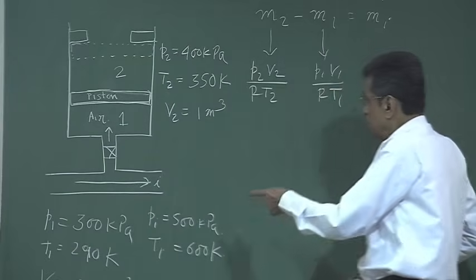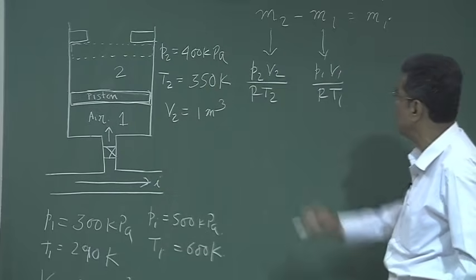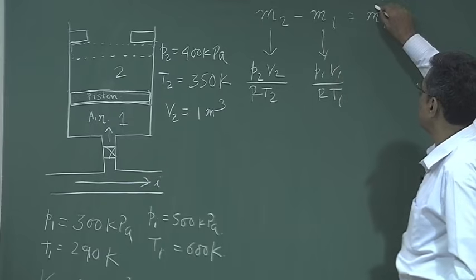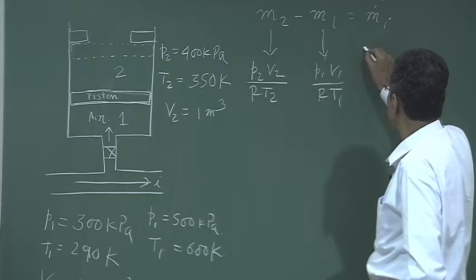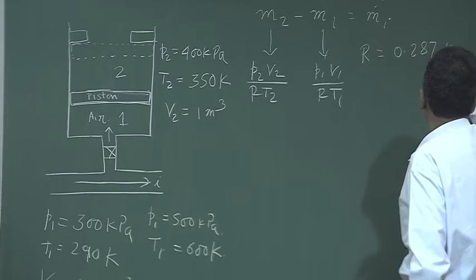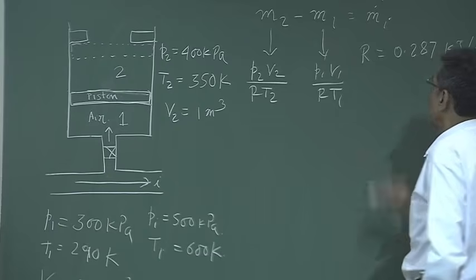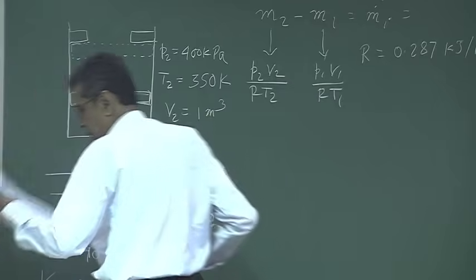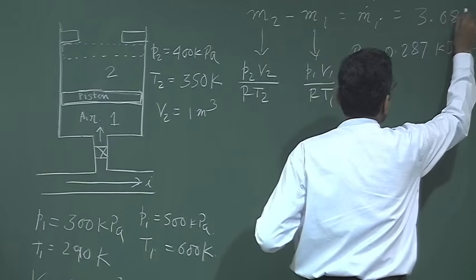P2, V2, T2 are given, and similarly P1, V1, T1 are given. So m2 and m1 can be found, and therefore we can find the value of mi. Using R for air as 0.287 kilojoule per kg K, if you calculate, the answer I am giving is 3.082 kg.